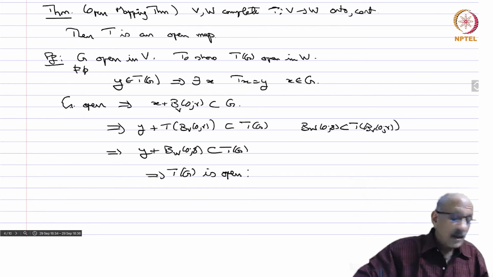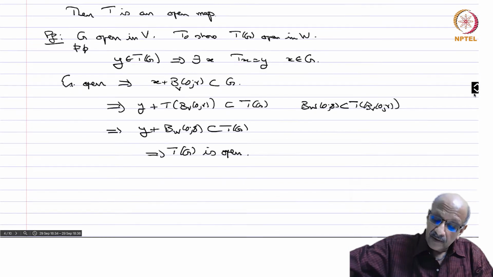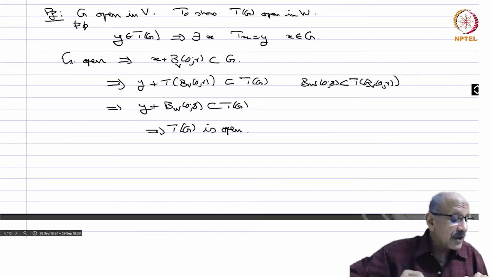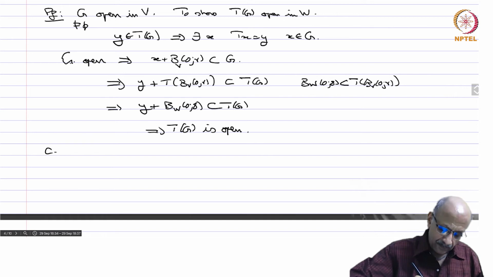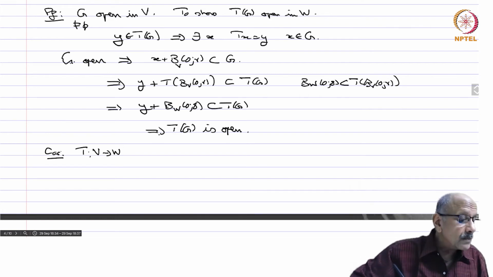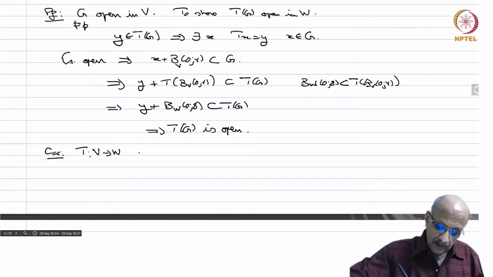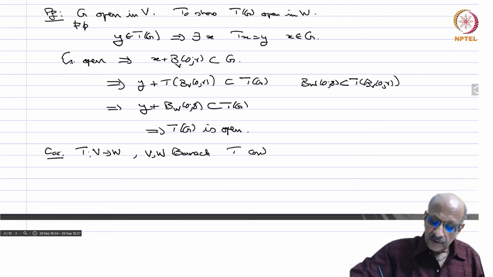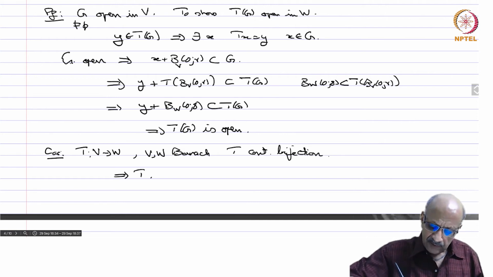So there are several applications of this theorem, and some of them are really very interesting. Okay, corollary. T from V to W, V and W Banach, T a continuous bijection implies T is an isomorphism.